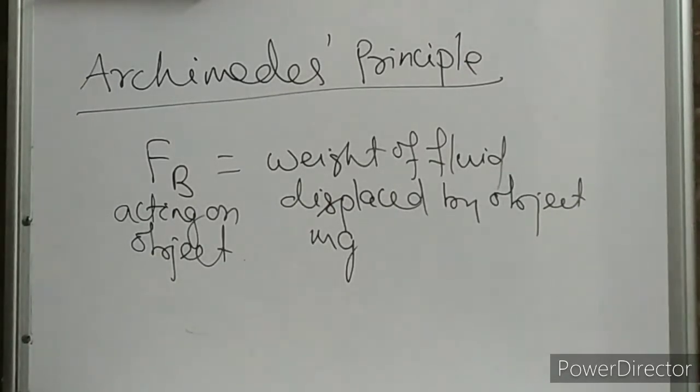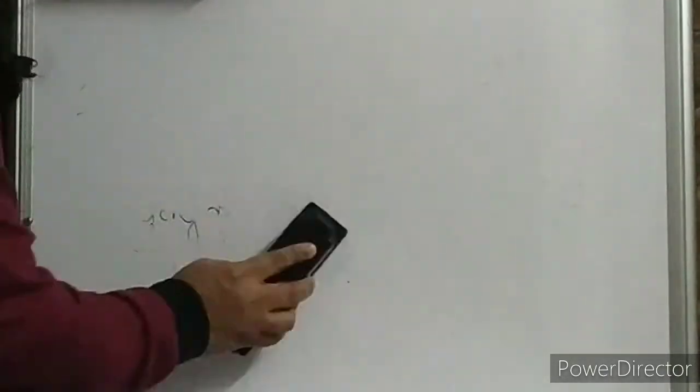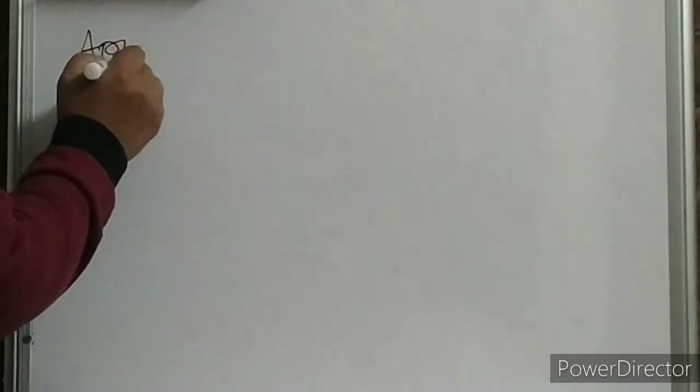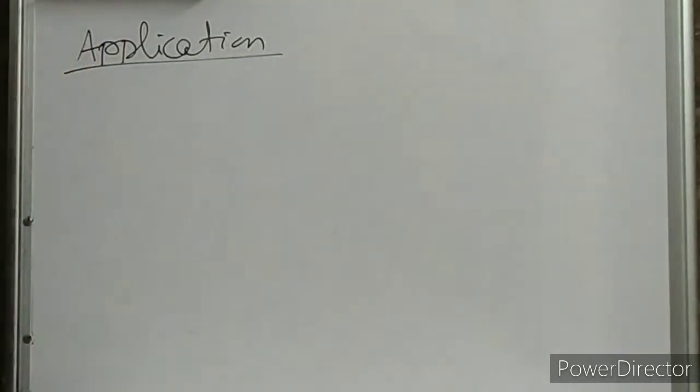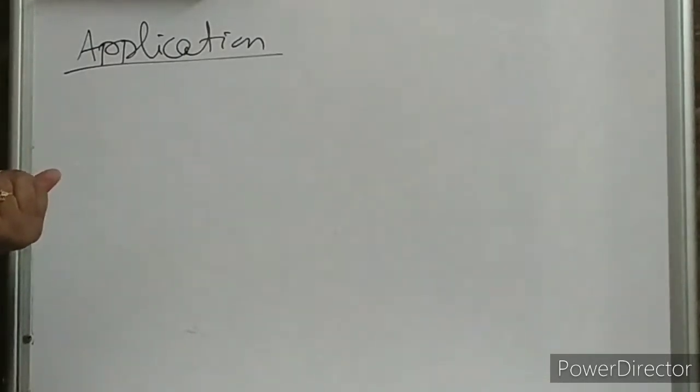Now we'll see the application of this Archimedes principle. Many applications are already there, but I am going to discuss only one today. In day-to-day life we have discussed so many. Suppose you are taking a bath in your bathroom and you completely fill the bucket up to the rim, then try to immerse your mug.